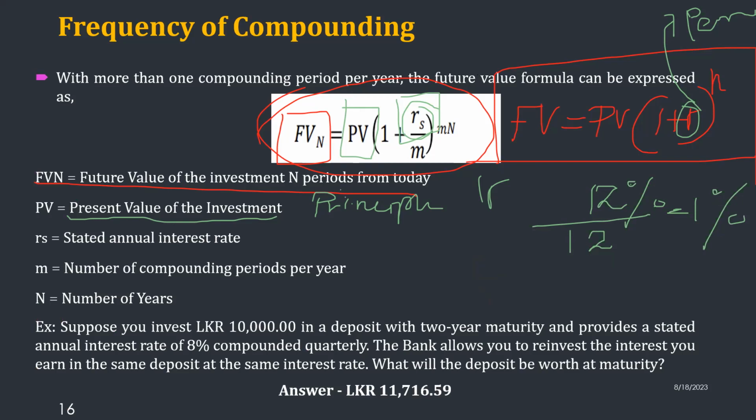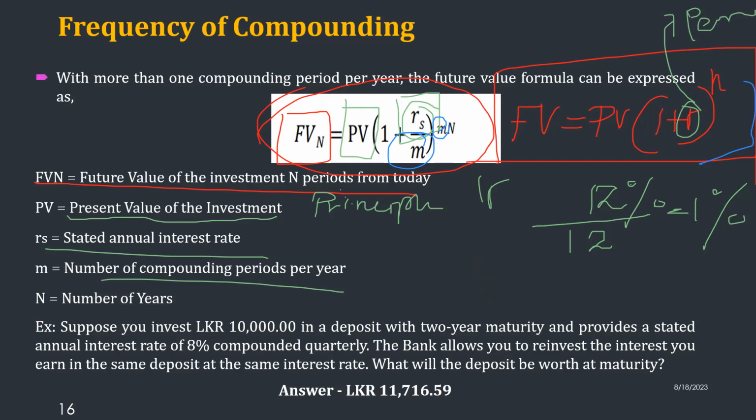That is this RS, right? And M is the number of compounding periods per year. In the earlier formula you don't have that, because the interest is compounded annually, or once a year.